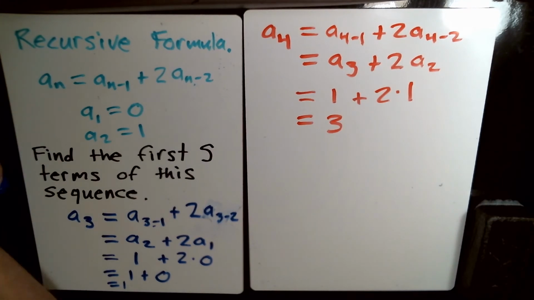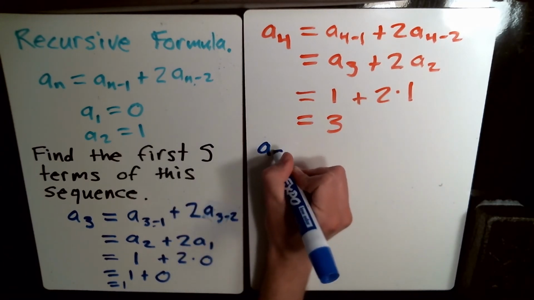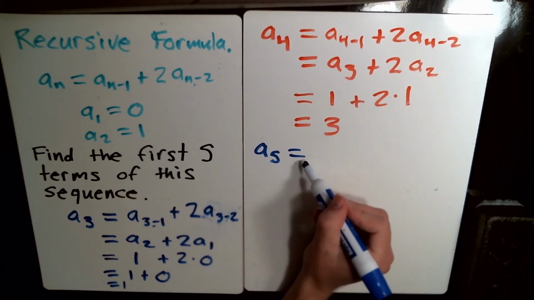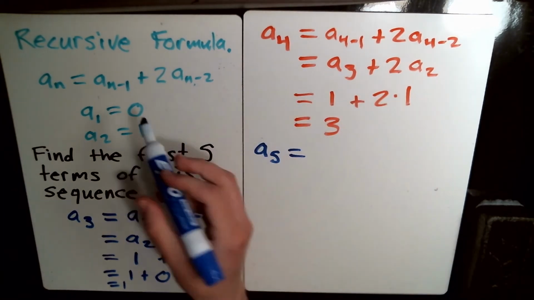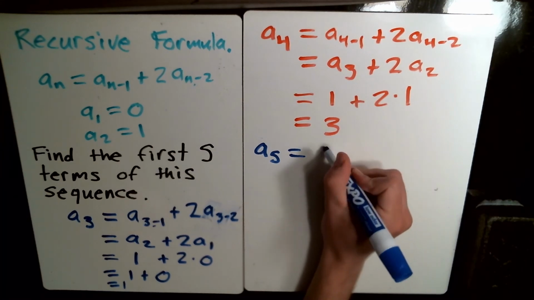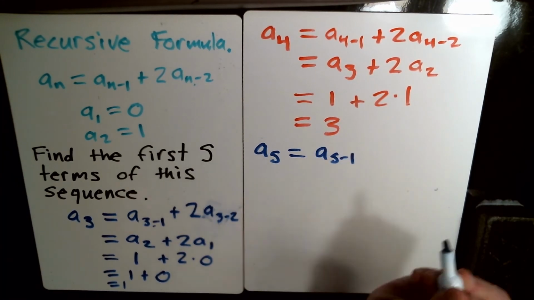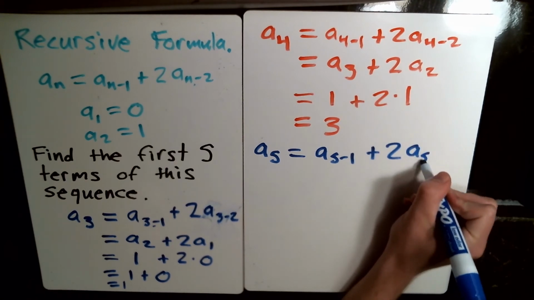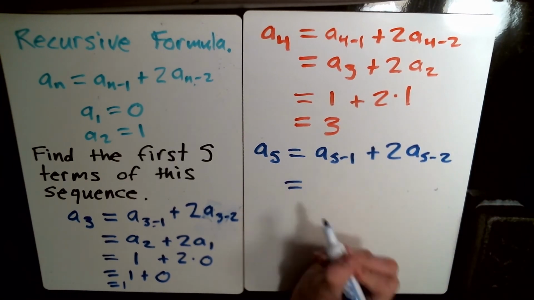Last thing, we need to find a sub 5 for our 5th term. Let's do one more to make sure we've got it down. For a sub 5, we plug in 5 for n. So we do a sub 5 minus 1 plus 2 times a sub 5 minus 2.